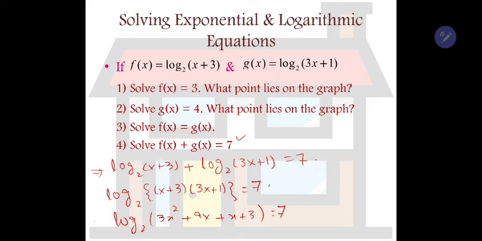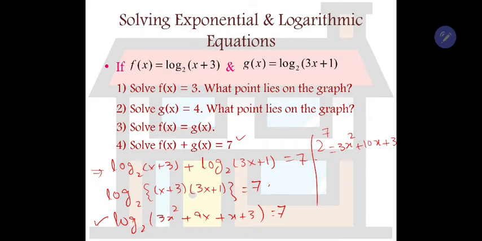Now I can convert this logarithmic equation into an exponential equation. The base of the log is 2, so the base of the exponent should be 2. So 2 to the power 7 equals 3x squared plus 10x plus 3.